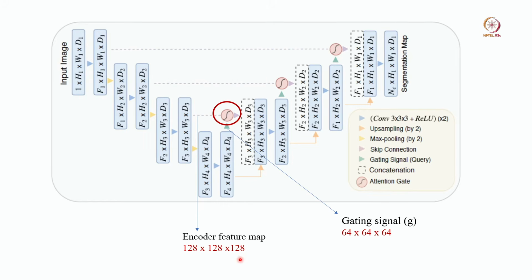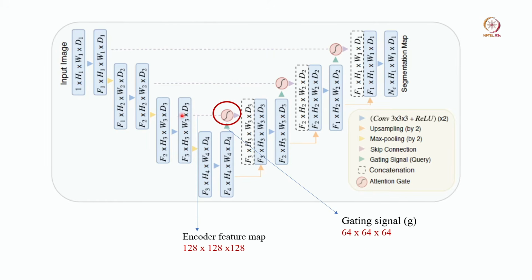Now, why is there a difference? If the gating signal is coming from here, your encoder feature map is coming from one layer up, and we know if the feature size here is 64, height, width and depth 64, 64, then the one above will be double of 64.